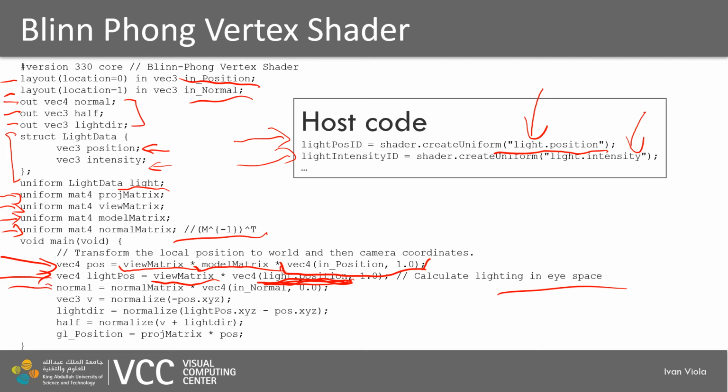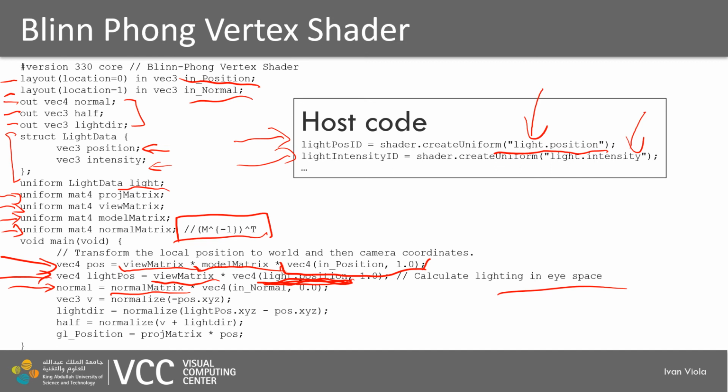The normal, which is associated with our vertex, will be also transformed, but not with our other matrices, but with our normal matrix, which is the one shown here. So this was the transformation matrix, which was the inverse and the transpose of that, as you might remember.